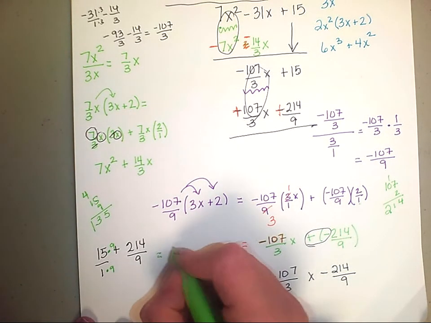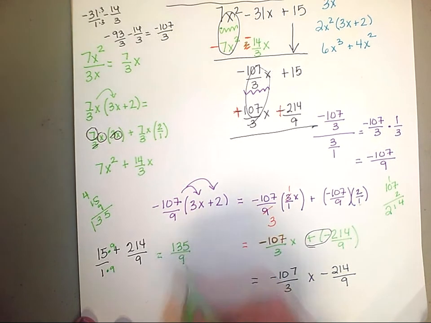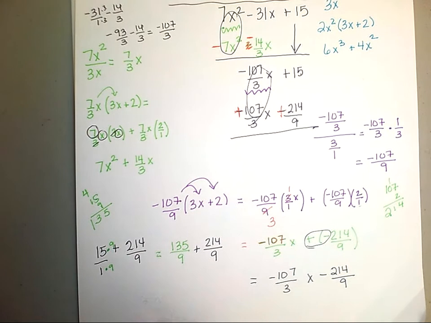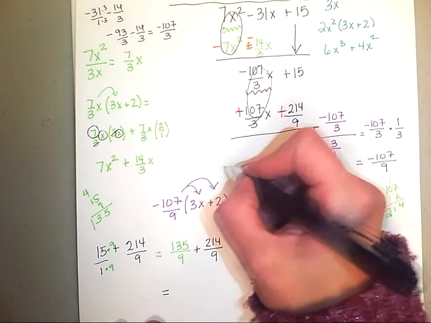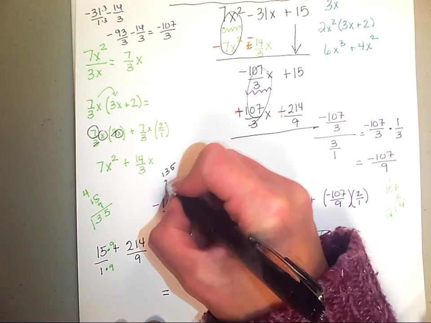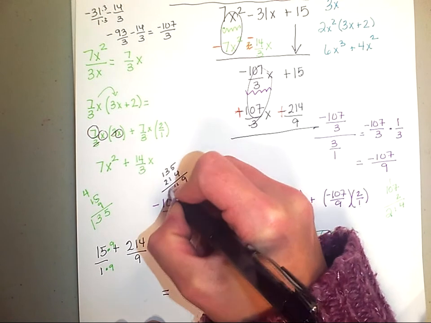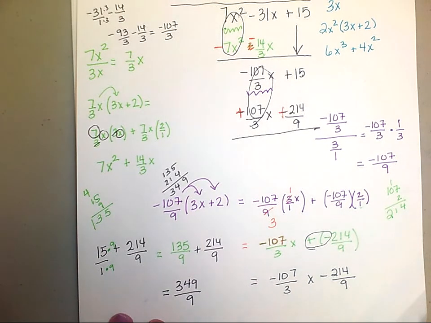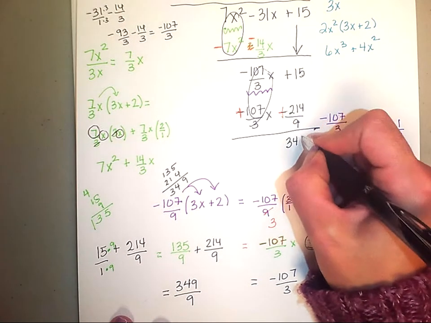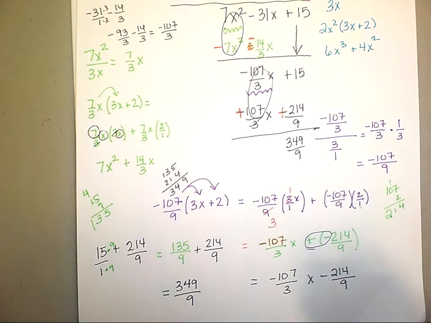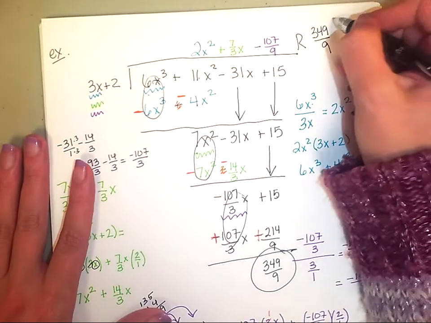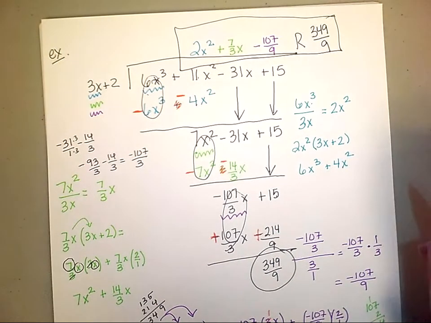So this is equal to 135 over 9 plus 214 over 9, which is, let's see, 135 plus 214, 394, or 349 over 9. I'm not going to worry about reducing that and even figuring out if it does. So that will be our remainder, 349 over 9. Good Lord.